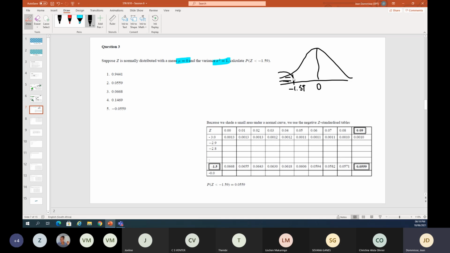So if we want that area, it is definitely smaller than 0.5. So if it's smaller than 0.5, it can't be 0,9441. Probability is never negative, so it can't be that one.